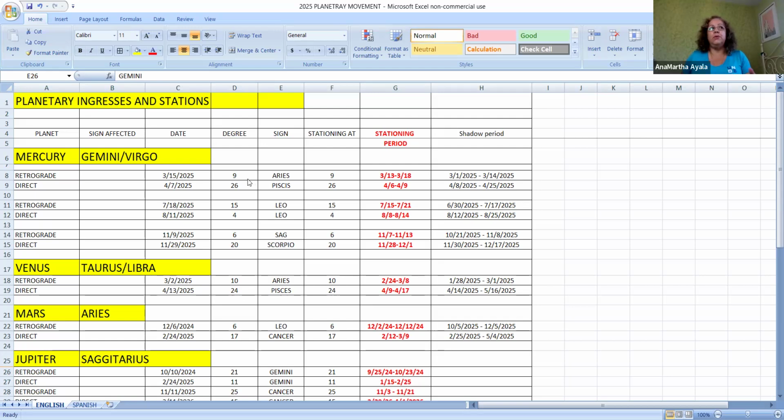Those are the planets. If you have any planet in Aries around those degrees, or you have the angles of your chart. The angles of your chart are the ascendant, the IC, the descendant, and the MC, right? The four corners of the chart. The first house, the fourth house, the seventh house, and the 10th house. Those are the angles of the chart.